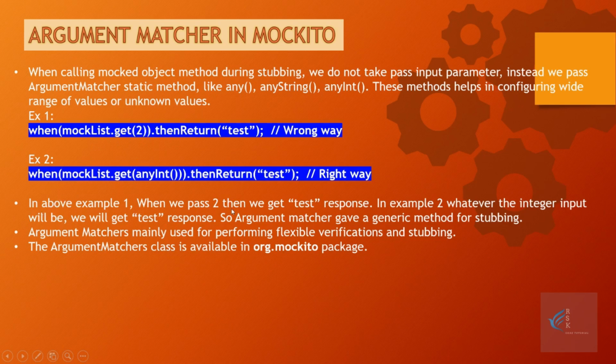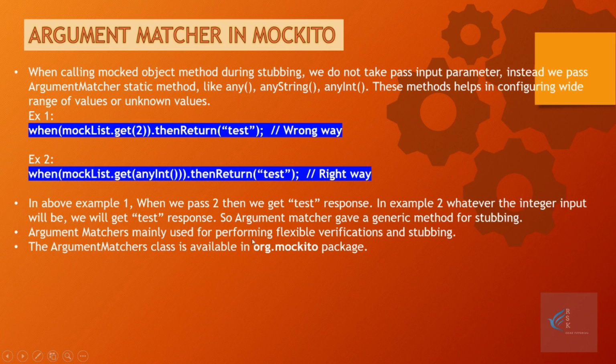In example 1, when we pass 2, then we get the test response. In example 2, whatever the integer input is, we will get the test response. So the argument matcher gives a generic method for stubbing. That's why Mockito recommends using argument matcher methods.